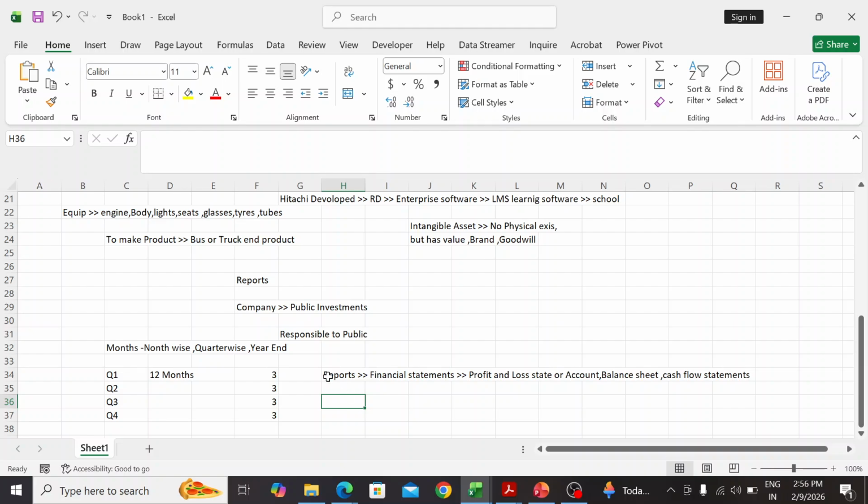So they will prepare the reports quarter wise, and they will show us their business performance in those 3 months, and they will try to impress us by showing the results.